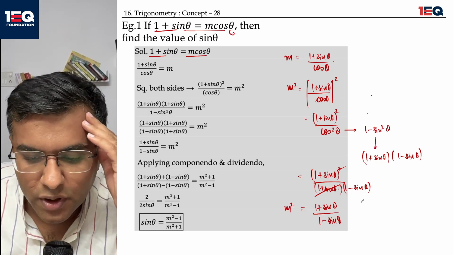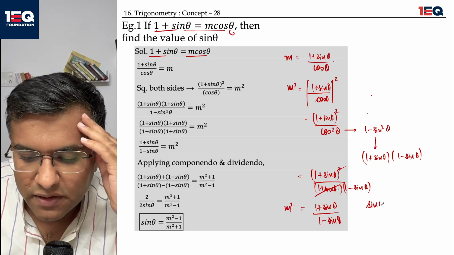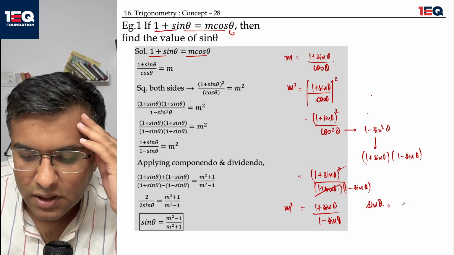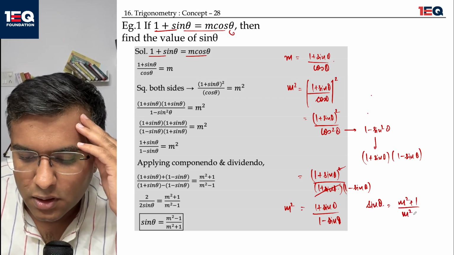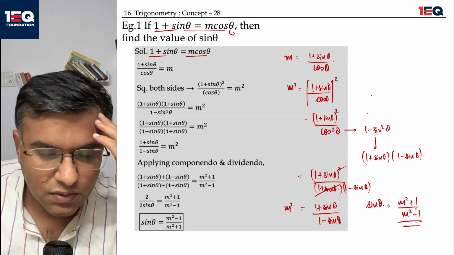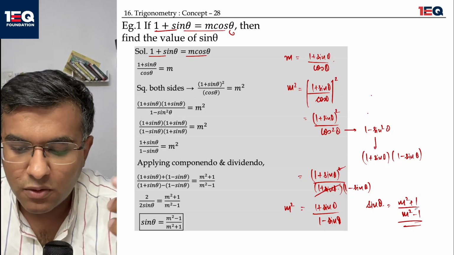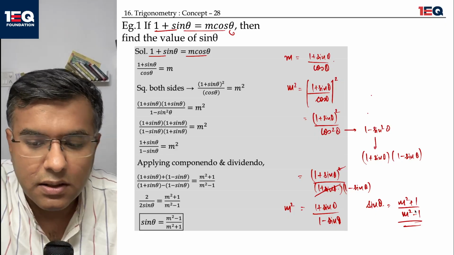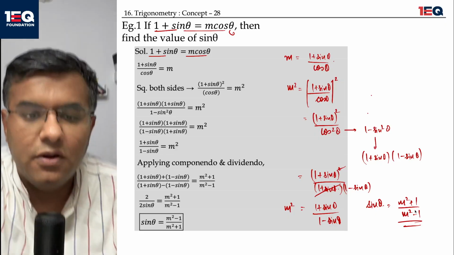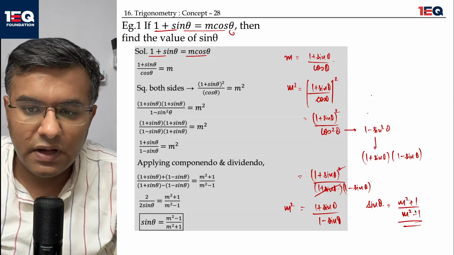If I use componendo and dividendo, I would be left with sine theta on the top here, and I would get m square plus 1 here whole upon m square minus 1. So this is how I achieve the value of sine theta.